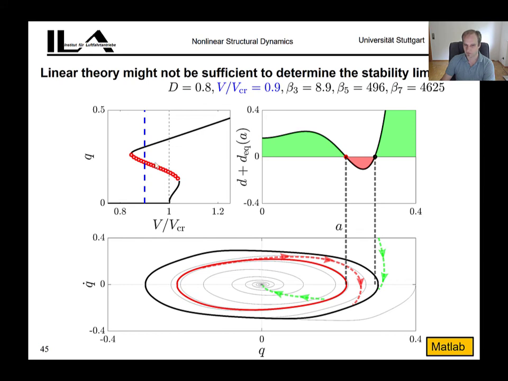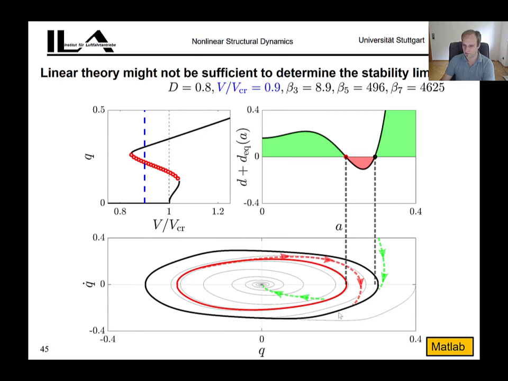So this is a quite typical situation. One speaks of a subcritical Hopf bifurcation, and this is particularly dangerous because it is so unexpected that if linear theory says it's stable, nonlinear theory actually shows that there is something possibly dangerous coexisting.